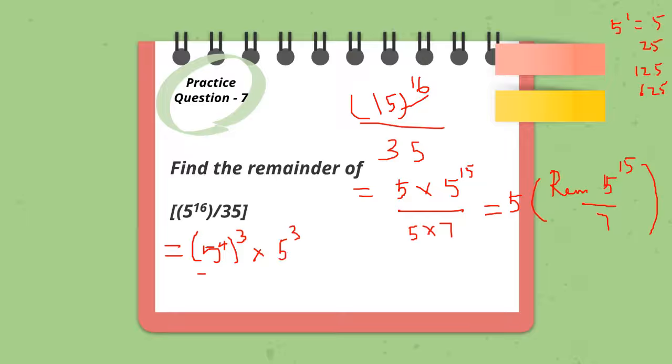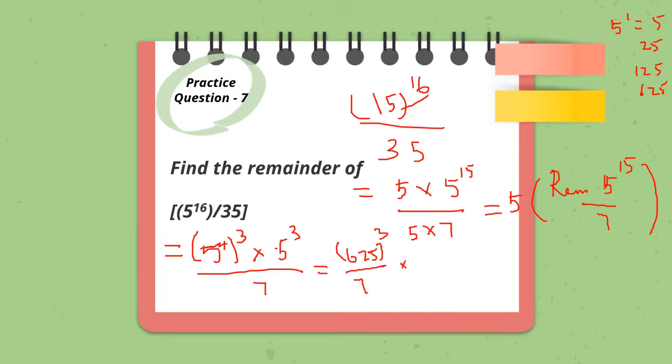Somehow I have to combine it to 625. So I'm writing 5 to the power 15 as 5 to the power 4 whole cube, that gives me 625 to the whole power 3. So this takes away 5 to the power 12. Remaining I have only the cube. So 5 cube divided by 7. So 625 to the whole power 3 divided by 7 into 5 cube, that is 125 divided by 7.